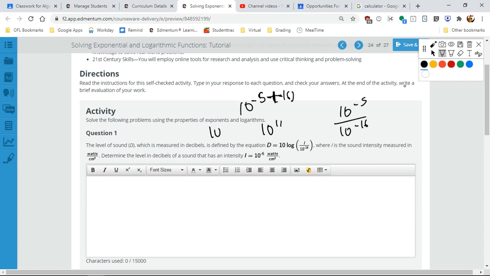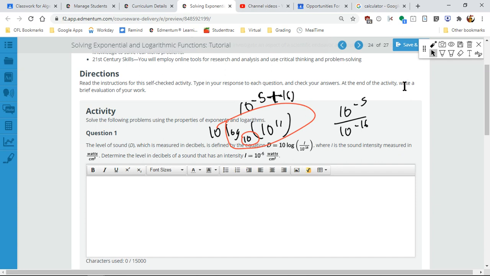And so this ends up being 10 times the log of 10 to the 11. Now remember, this is log base 10. So what we're asking here for this log is, what power of 10 gives us 10 to the power of 11? Well, that's just 11.